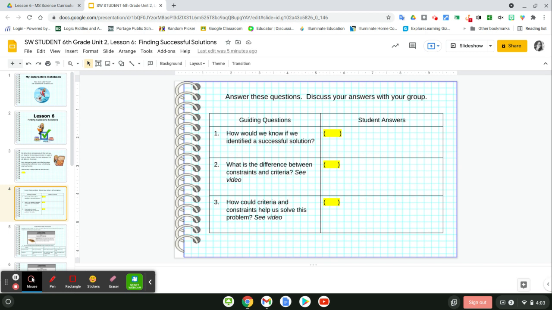And here are some examples of criteria for her. The criteria is she would like it to be a 2015 or newer car. Criteria number two, the mileage on the car needs to be less than 100,000 miles.